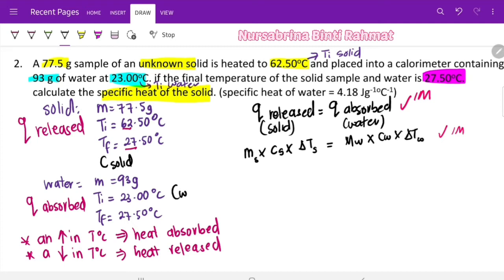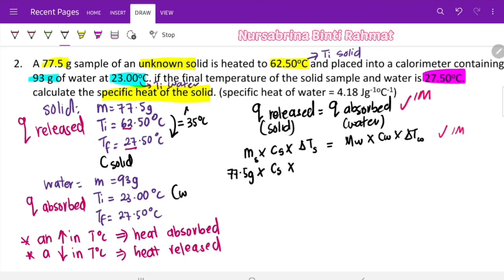Okay, so let's substitute whatever we have in the question into the formula. So mass equals 77.5 gram times the specific capacity of the solid, which is to be found out. Temperature change: 62.50 minus 27.50, that is 35 degrees Celsius.